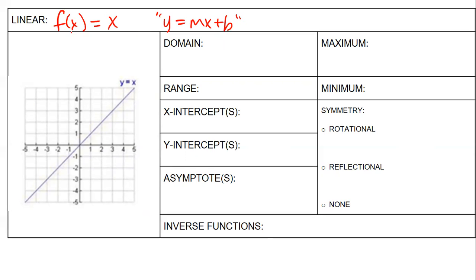But the parent function is just f of x equals x, or lazily, y equals x. The domain of this function is all real numbers, right? It goes from negative infinity to positive infinity. And the same for the range, because it goes on forever to the bottom and forever to the top. My x and my y-intercept are both at the origin.